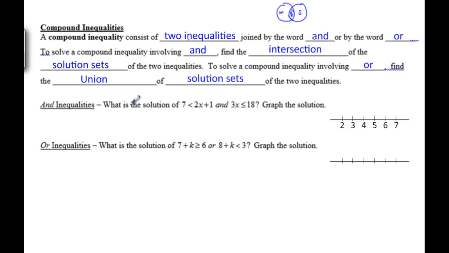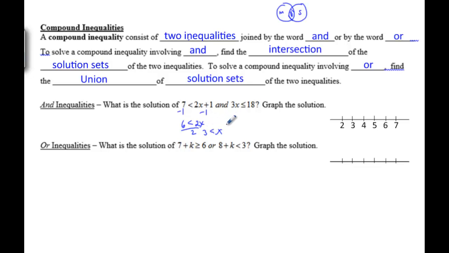And inequalities. What is the solution of 7 less than 2x plus 1 and 3x less than or equal to 18? If you subtract 1, you get 6 is less than 2x. Divide by 2, and you end up getting 3 is less than x.